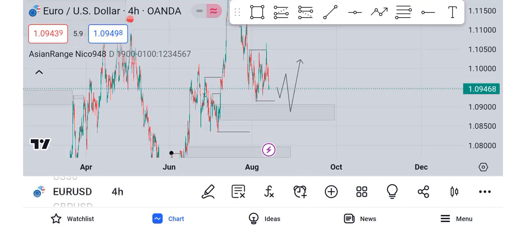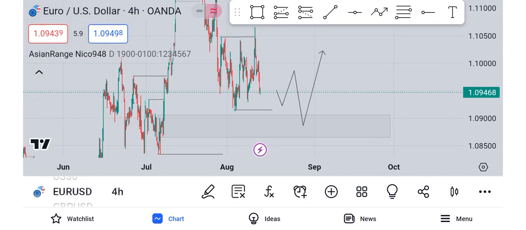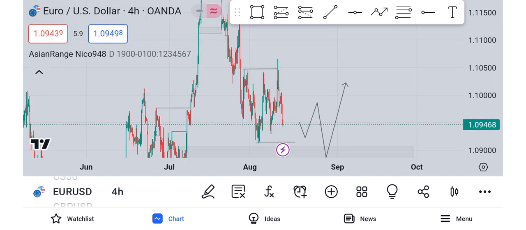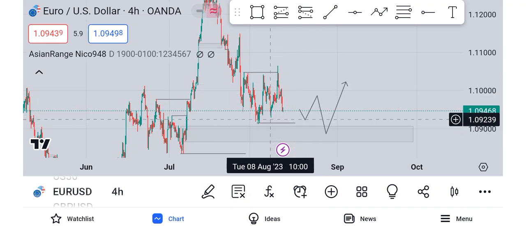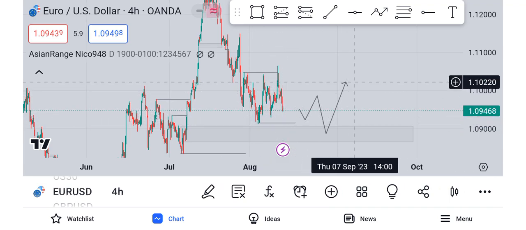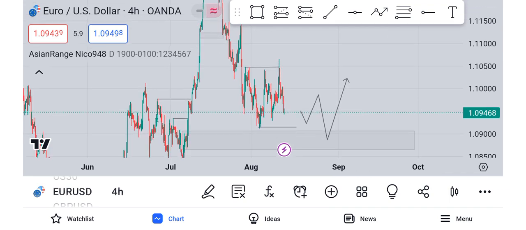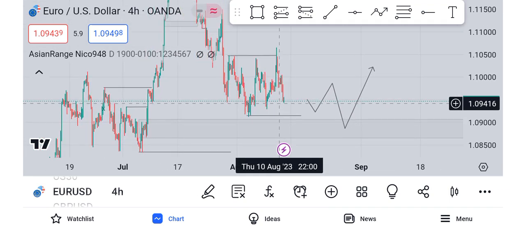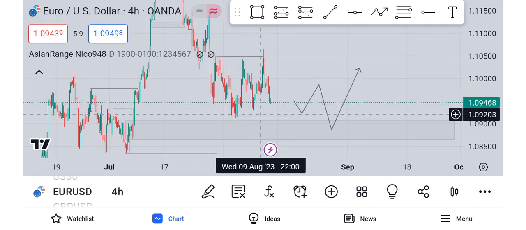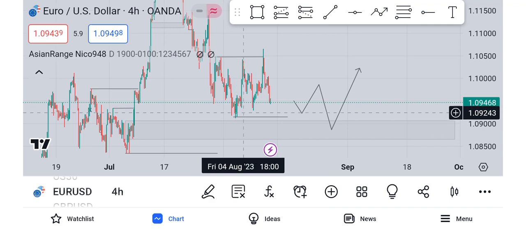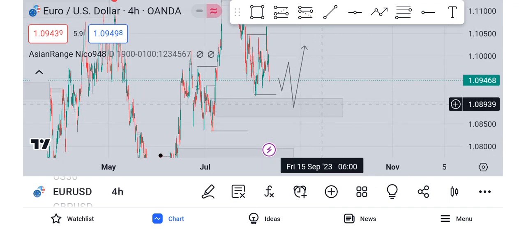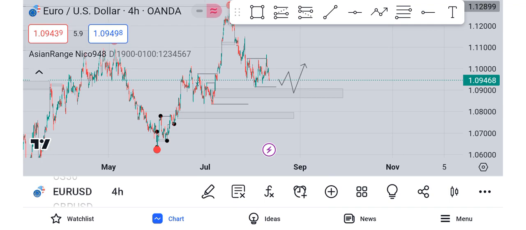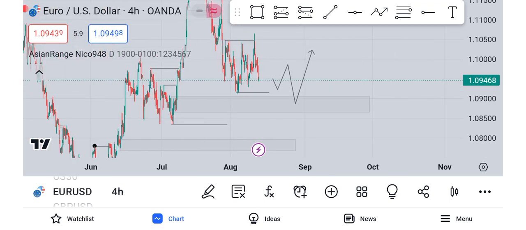What I know is that EU has to take this out, because a lot of people will be thinking that this is a QM for price to continue using one or two demand zones from here, but I see this thing as a trap. This is pure liquidity. So this is the demand zone where I'm expecting the reaction from Euro USD.